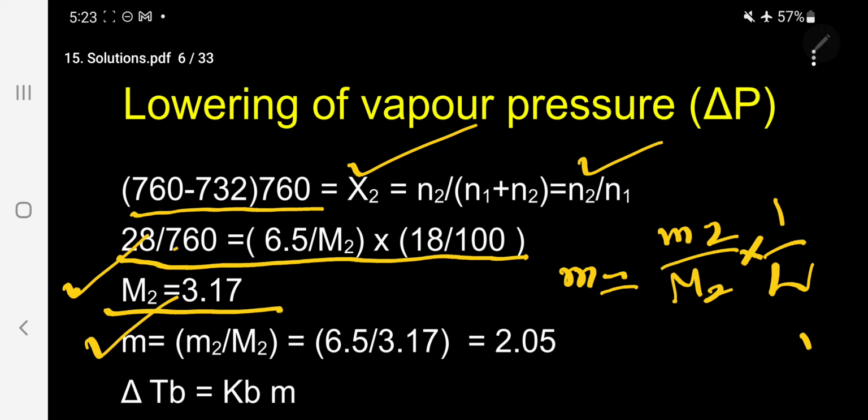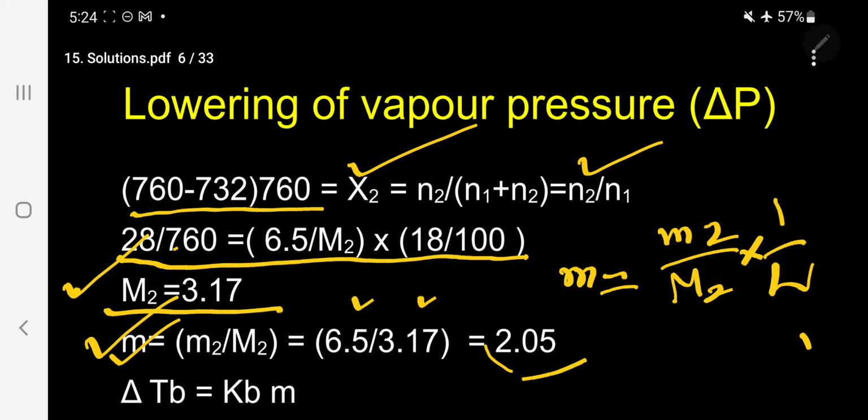I am not including W because I know it is only 1 kilogram. So 6.5 divided by 3.17. If I divide, I get the value 2.95. The idea here is that I have identified the molality. Please follow. I identified this molality with the help of lowering of vapor pressure.